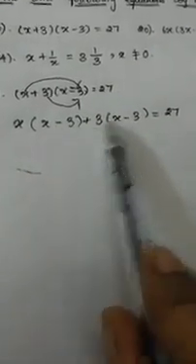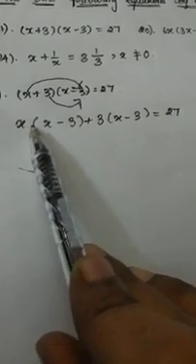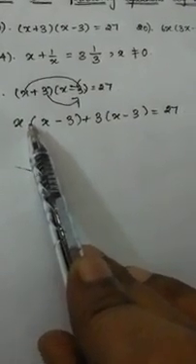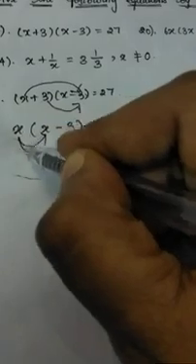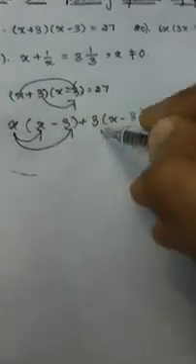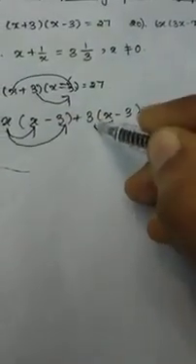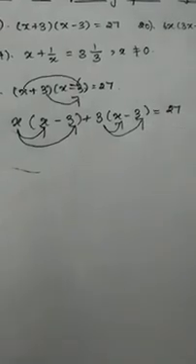After you have written this step, we want to remove the bracket. How can we remove the bracket? Just multiply the number inside the bracket. Multiply x with the first term as well as the second term. Similarly, 3 with the first term as well as the second term, right?